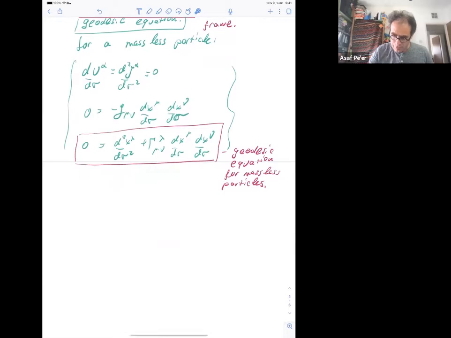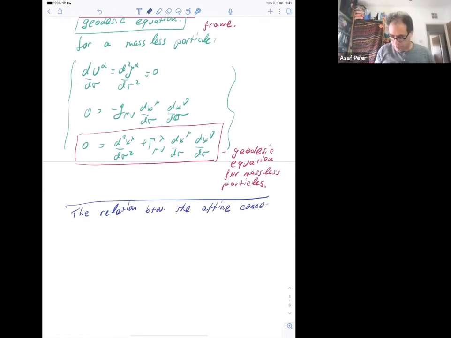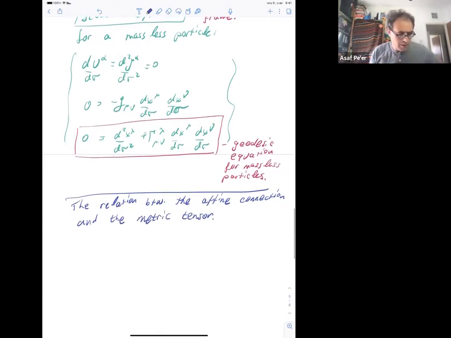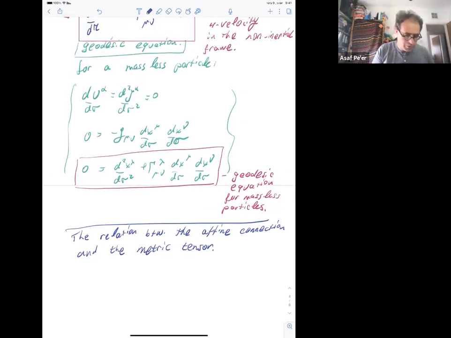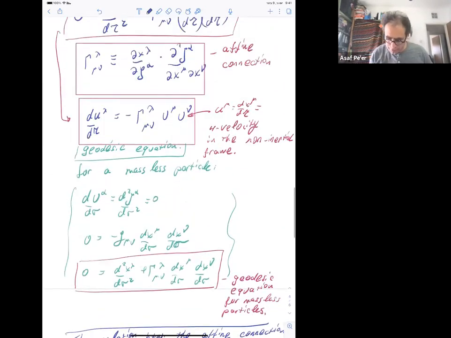So, the relation between the affine connection and the metric tensor. We start from the metric tensor, which is given here.